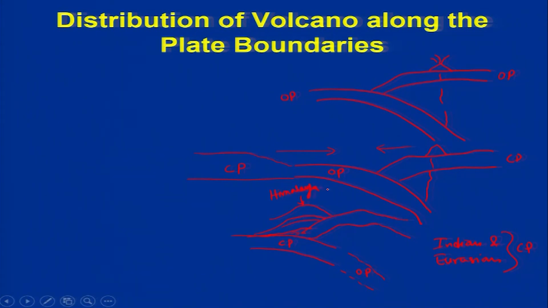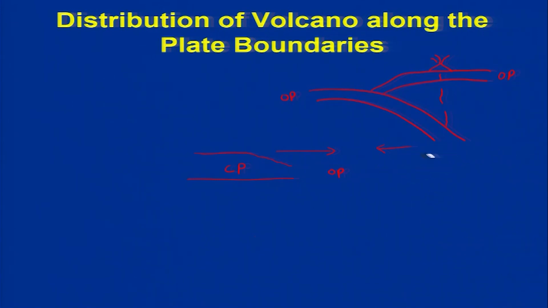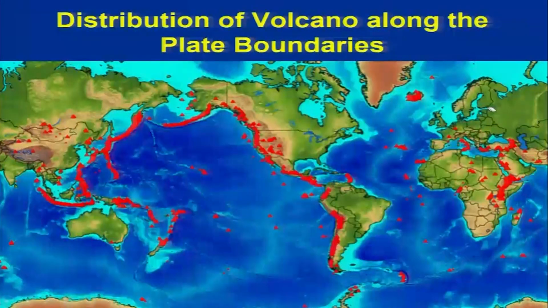So you should keep this in mind when you are talking about the location or the distribution of volcanoes. If you look at the distribution with respect to the plate tectonic boundaries, you will find that all the volcanic eruptions, active or dormant, are along the plate boundaries.